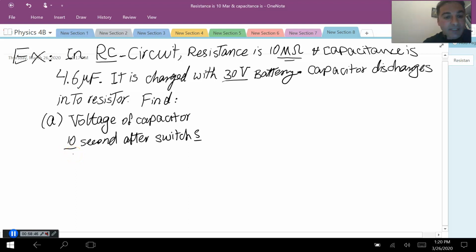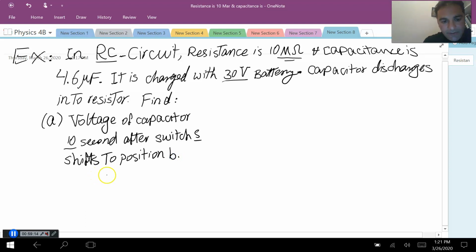Find the voltage of the capacitor 10 seconds after switch S shifts to position B in the picture.